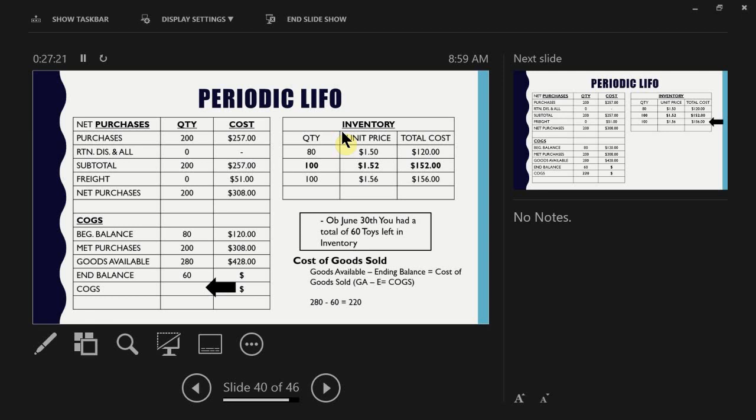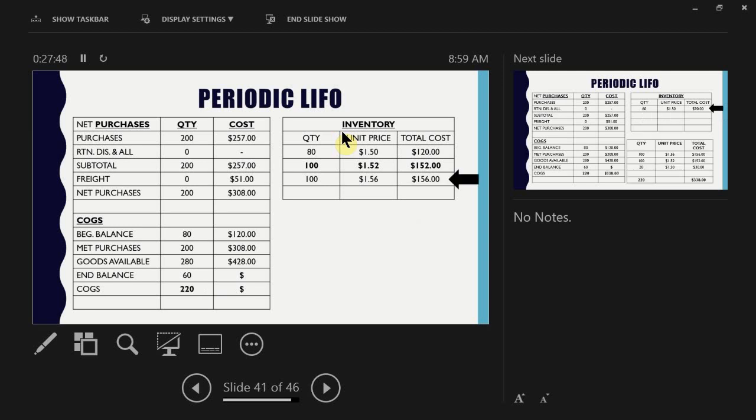And then 120 plus 308 is going to give you 428. Now, with our scenario, we know that by the end of June 30th, we have a total of 60 toys. If we have 280 and we have 60 remaining, you just subtract those two numbers and you get a total of 220 items sold.